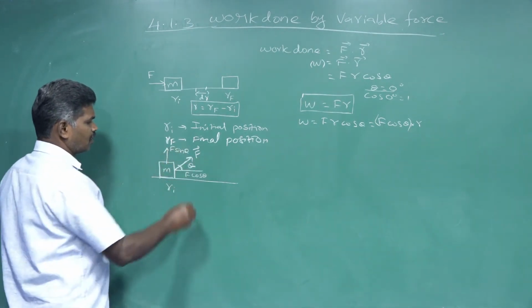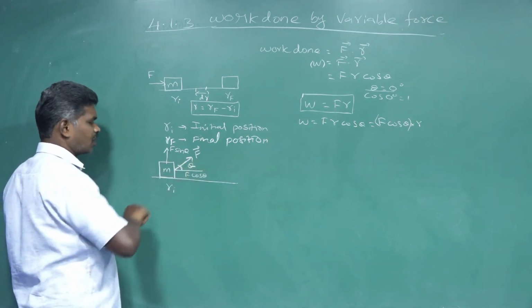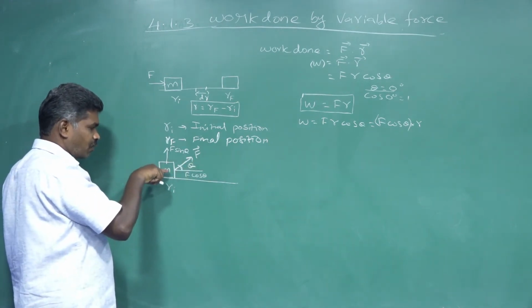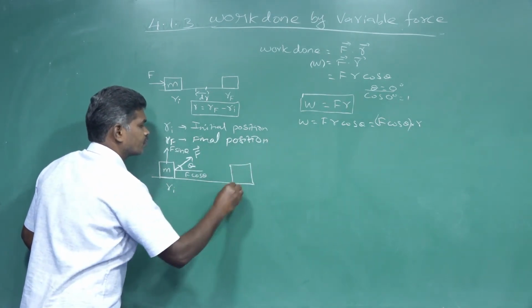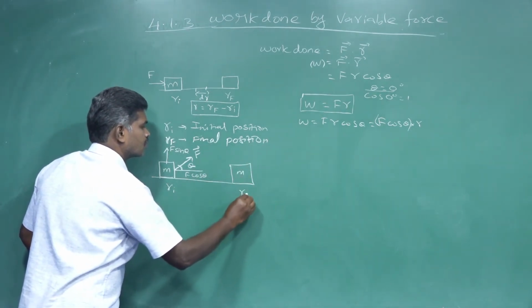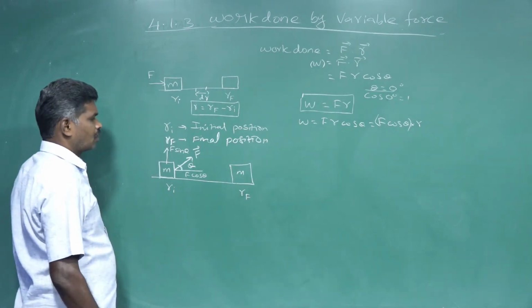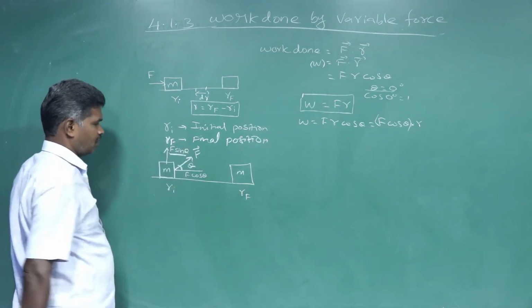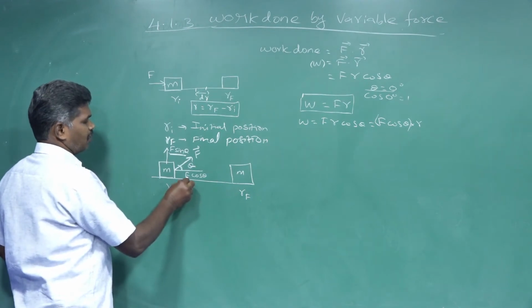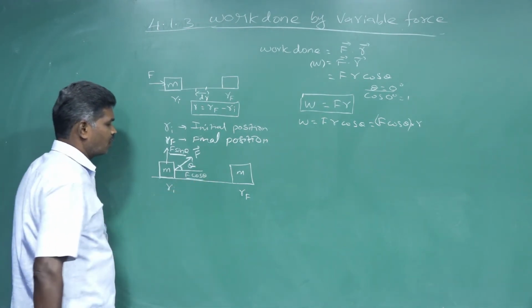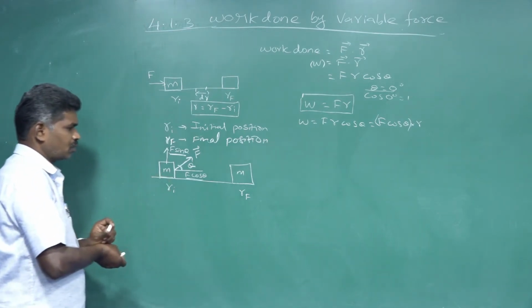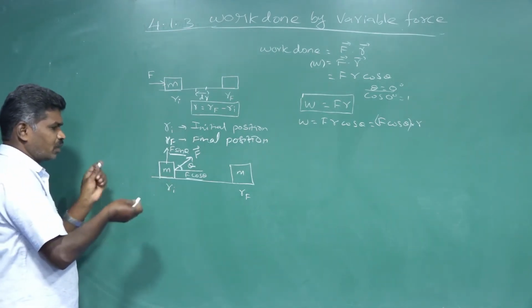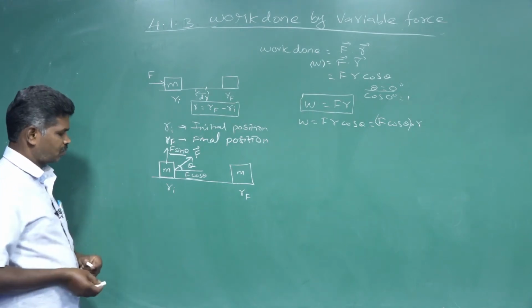Here the F cos theta only does the work to move an object from its initial position to the final position. F sin theta will not do work. Anyhow, our work-doing force is F cos theta. This amount of force we are going to take as a variable force.